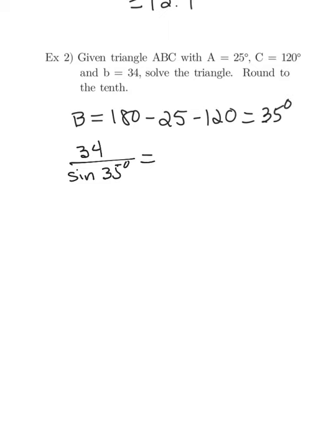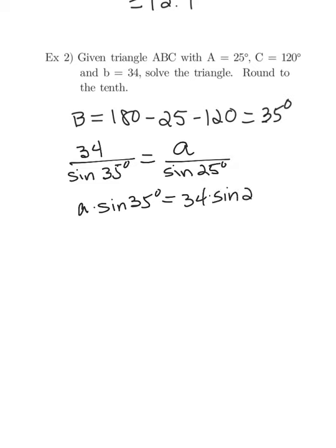That has to equal side A, which is what we're looking for, over the sine of angle A, which is 25 degrees. Cross multiply, you're going to get A times the sine of 35 degrees equals 34 times the sine of 25 degrees.